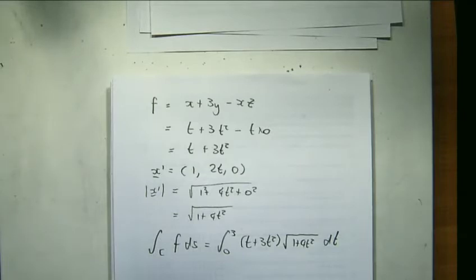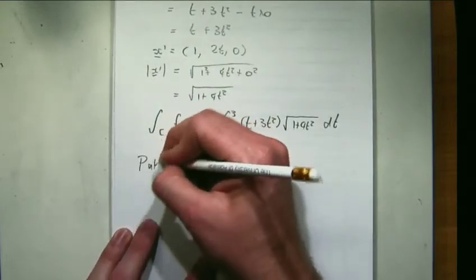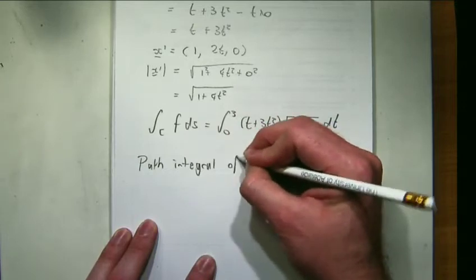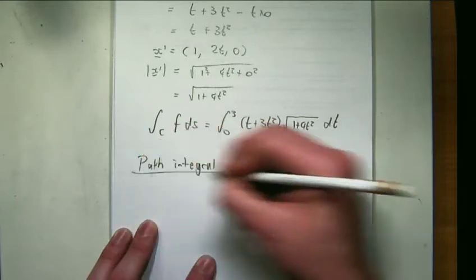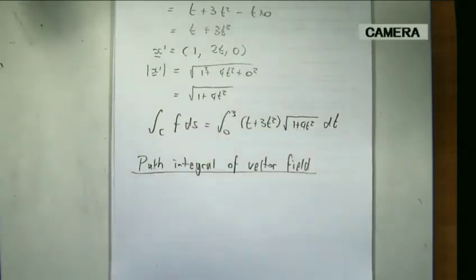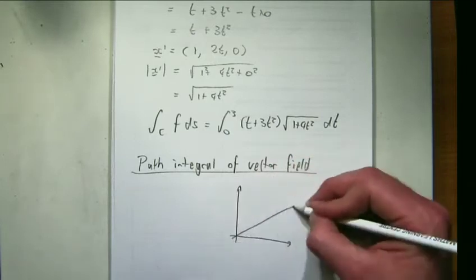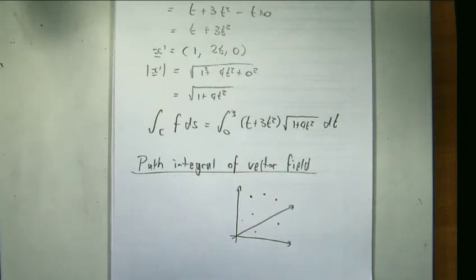So what about a path integral across a vector field? So my picture is I have a vector field. Every point in space has a vector to go with it.